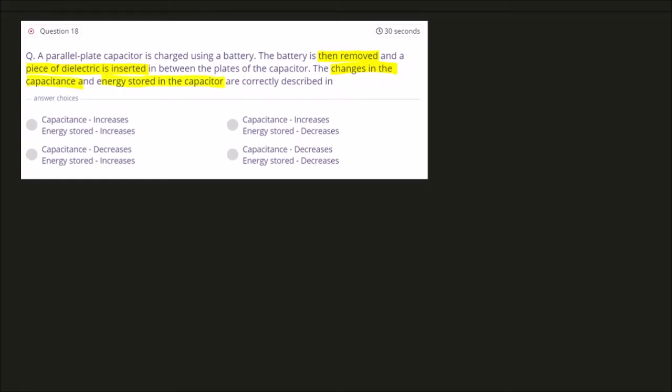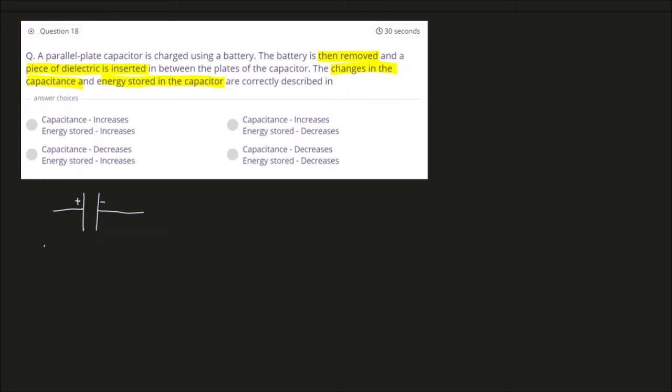Okay, so let's draw the situation here first. So you have a charged capacitor. Just call one side positive, the other side negative. And this capacitor here is no longer connected to a battery because the battery is already removed.